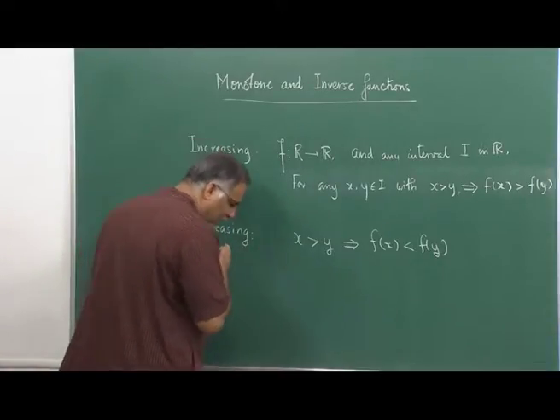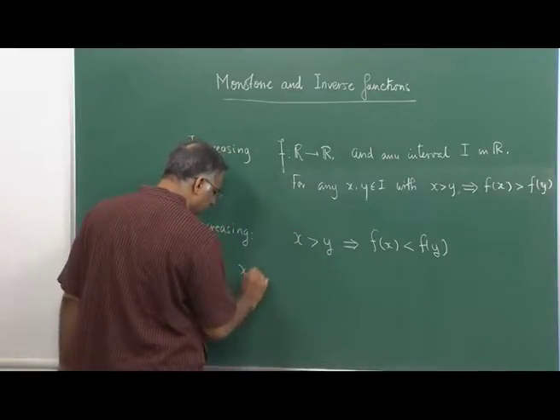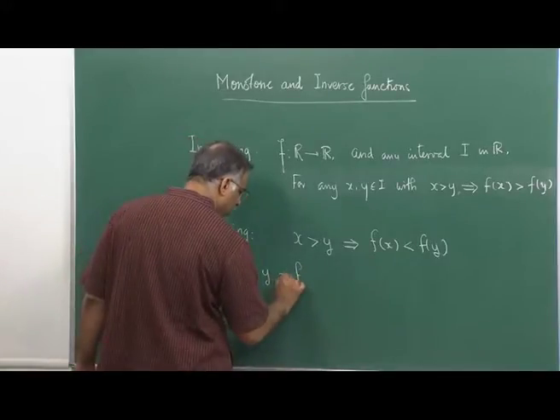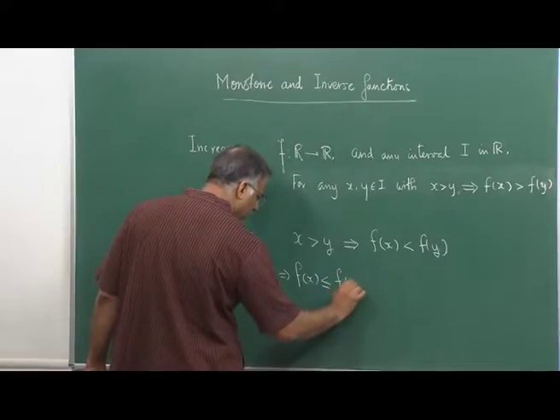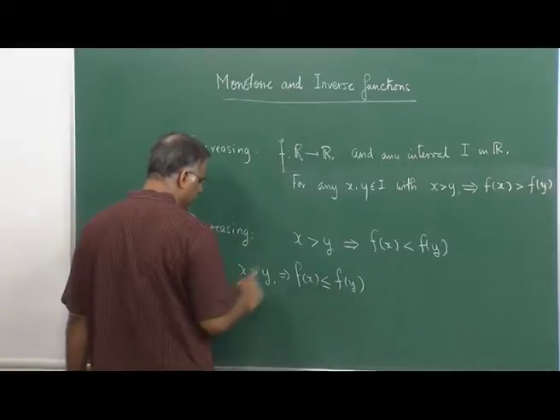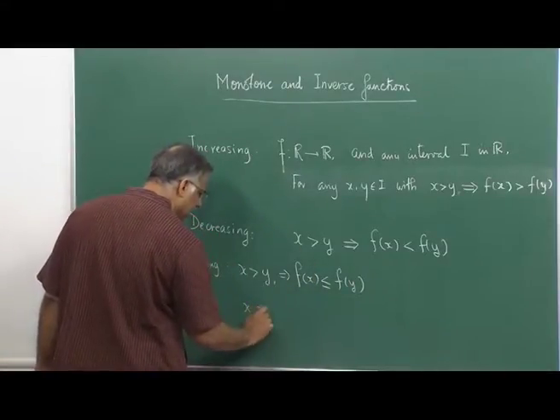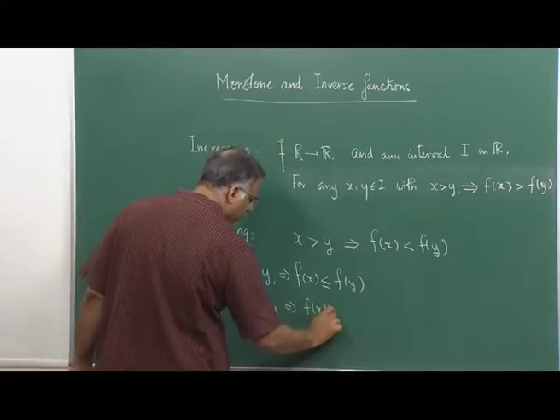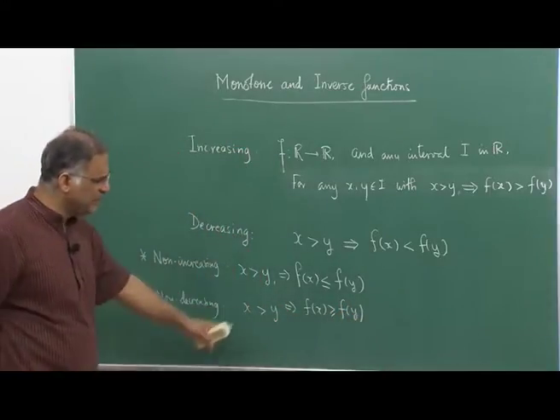If anything happens, it either remains the same or it decreases. So if x is strictly bigger than y, then it should imply that f of x is less than or equal to fy. It could remain equal, but it won't increase. And here, if x is strictly bigger than y, then fx is greater than or equal to fy. fx need not always be strictly greater.